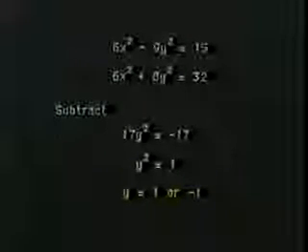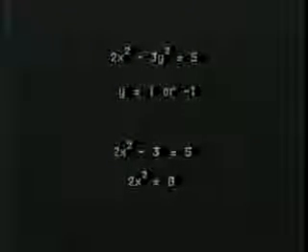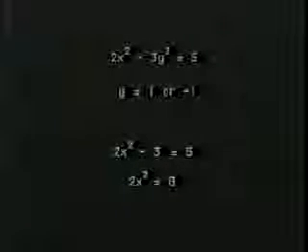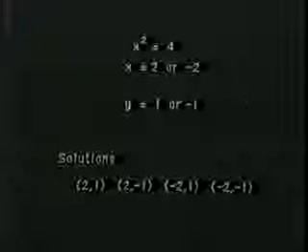And now that we have y, we can find the value of x by substituting the y values into one of our 2 equations, either one, it doesn't matter, and then solving for x. 2x squared equals 8, so x squared is 4, and x will be 2 and negative 2.